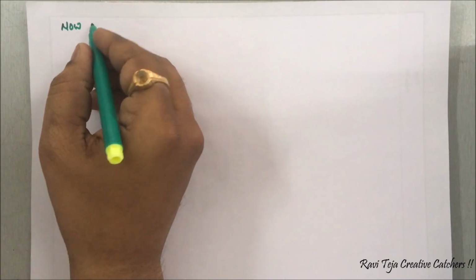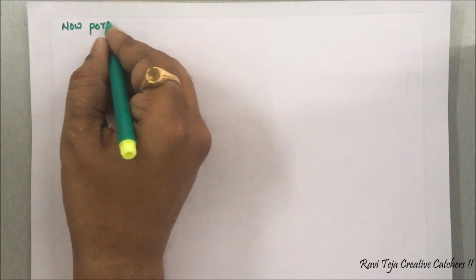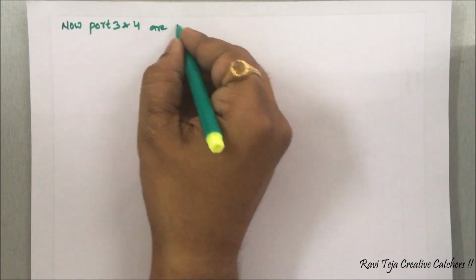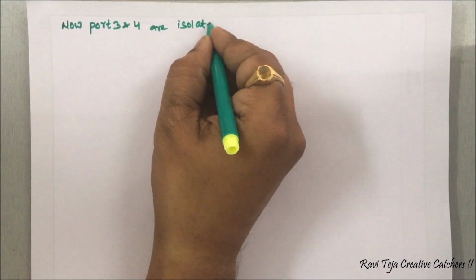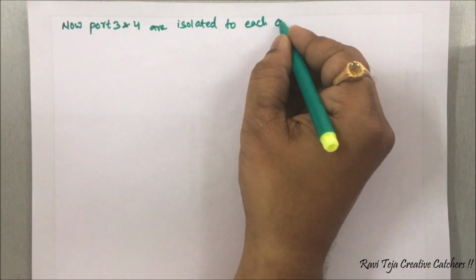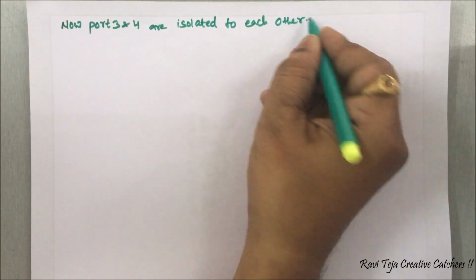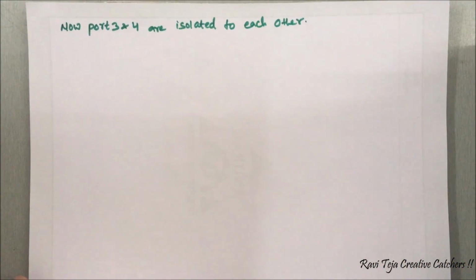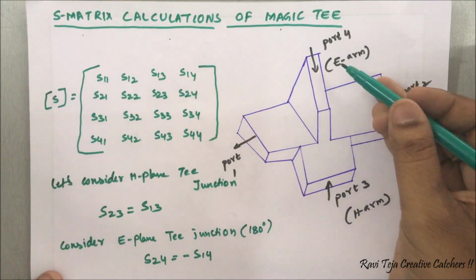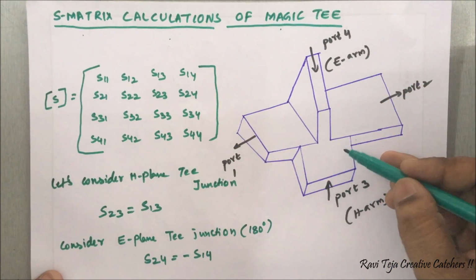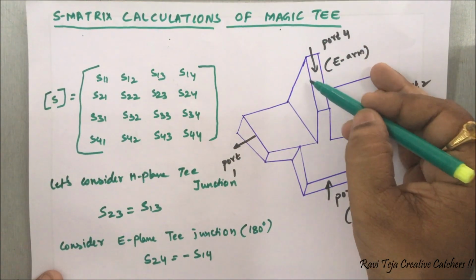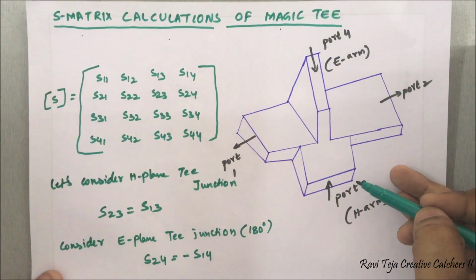Now port 3 and 4 are isolated to each other. So if you see the diagram, if this is port 3 and this is port 4, when the signal is passing through port 3, it won't be coming out from port 4, and similarly when the signal is passing to port 4, it doesn't come out from port 3 as well.